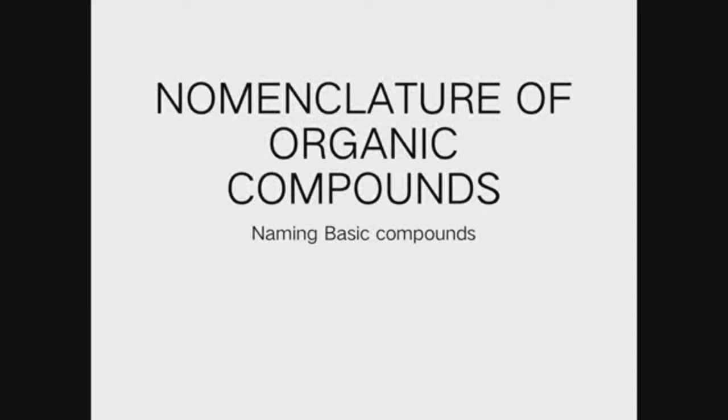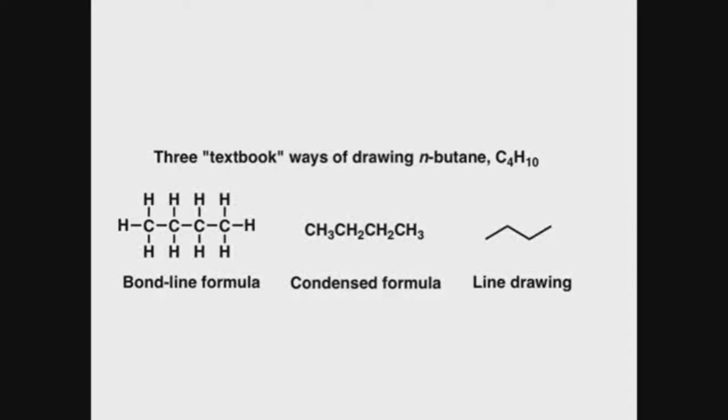Now I want to show you the basic forms of representing the structures of organic compounds. These are the three forms. This one is known as the bond-line formula or Lewis structure. If you did your basic chemistry, this is the bond-line formula.